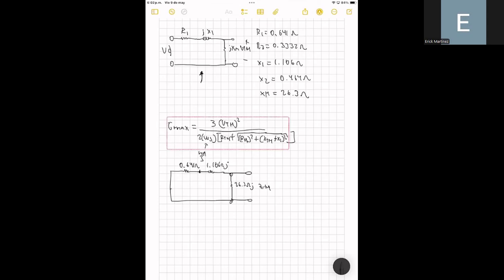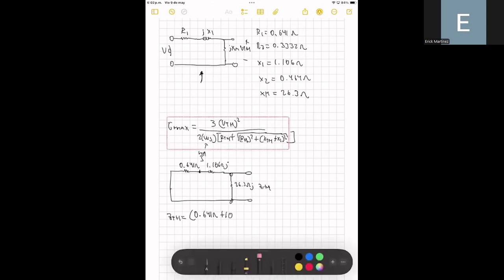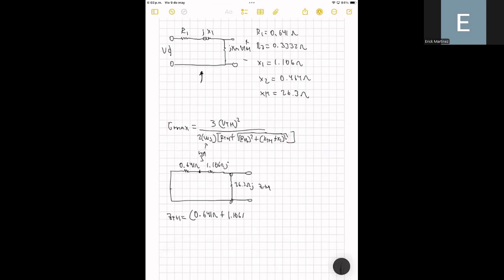So if we simplify, we can say that the Thevenin impedance is equal to the addition of this resistor and this impedance, that is 0.641 ohms plus 1.106 J ohms, in parallel with 26.3 J ohms.